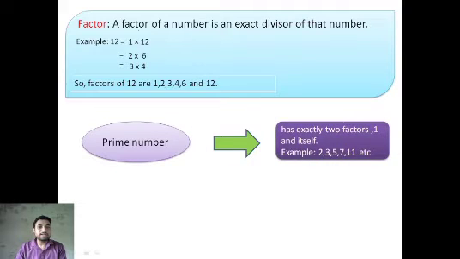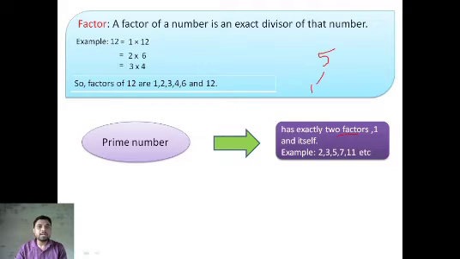Now, what is a prime number? A number is said to be a prime number if it has exactly two factors. That means by how many numbers can you divide it? By only two numbers. Suppose I am giving here 5. So by which numbers can you divide 5?